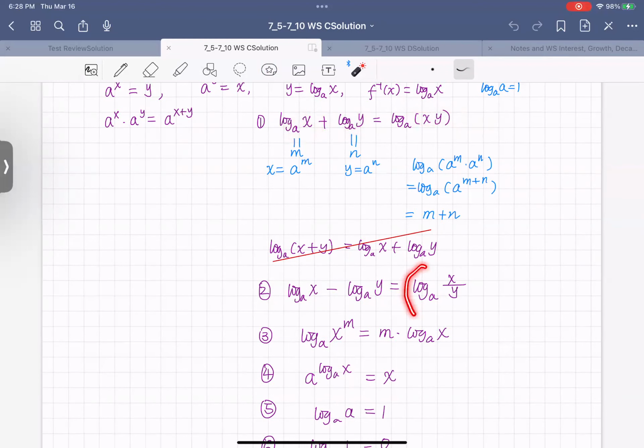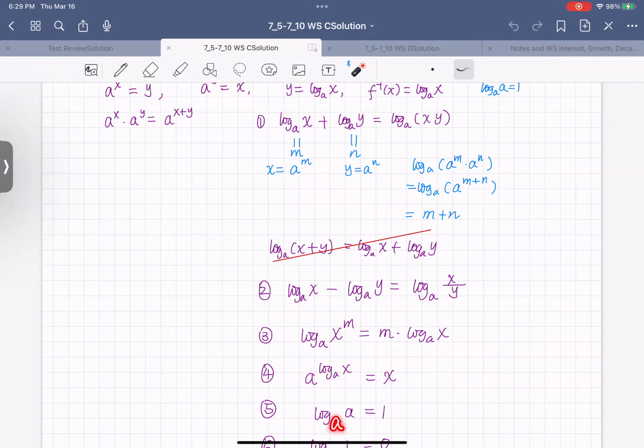If you have a division, you can split it into these two with a minus. If you have this to the power of m over this position, you can drag this m in front.